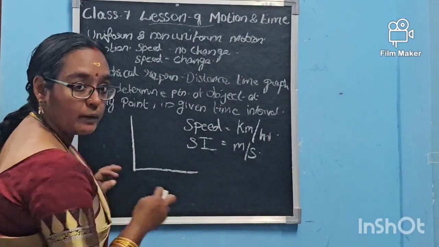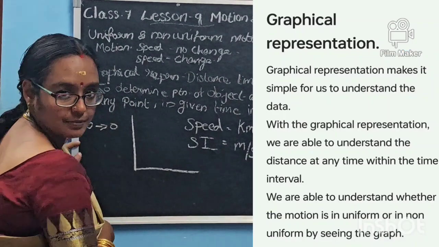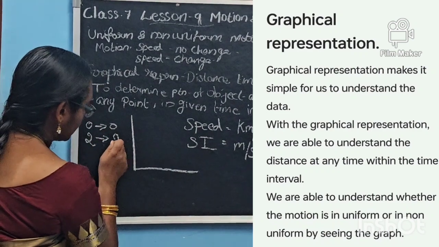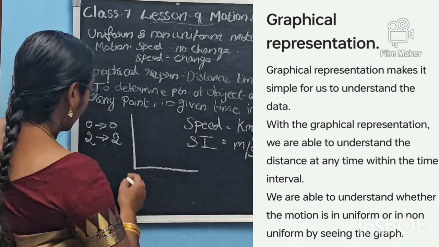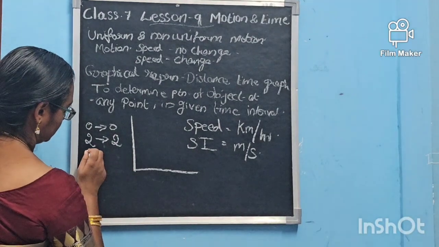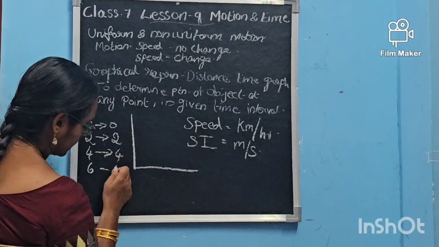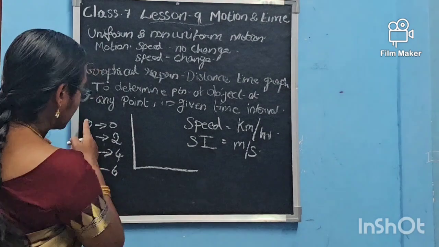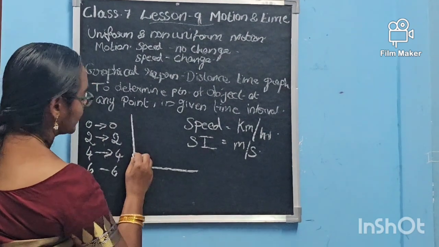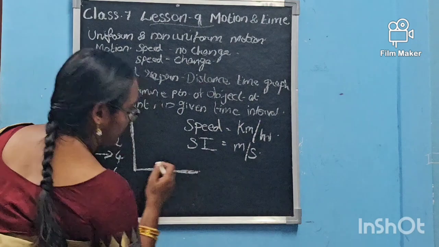Consider the object, or our car again. At time 0, distance 0. When it reaches 2 minutes, it has moved 2 kilometers, then 4, 4, 6, 6, like that if it is moving. This is the time and this is the distance. In the y-axis distance can be represented and in the x-axis time can be represented.